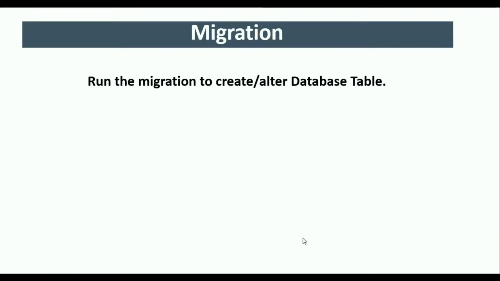The second thing is, in Laravel there is a concept called migration. So what is migration actually? Migration means if you want to create or alter a database table, you have to use a migration. The best way to manage your database tables is with migration files. So how do you create migrations?